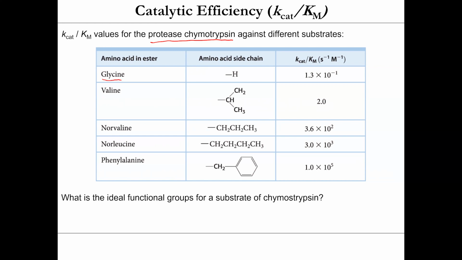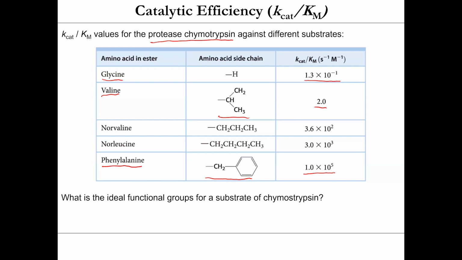Against glycine, the catalytic efficiency is quite low. It's a little higher for valine, and it's the highest for a substrate like phenylalanine.